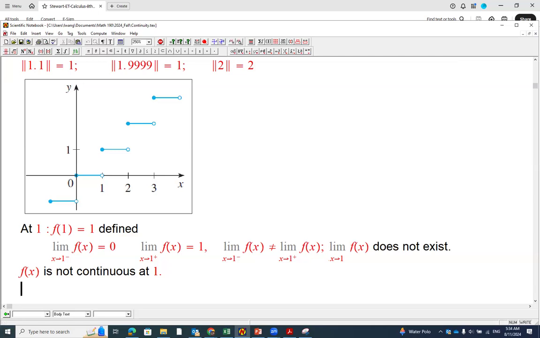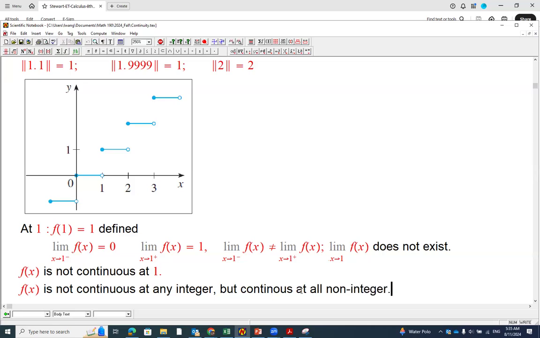So our conclusion is that the function is not continuous at any integer, but continuous at all non-integers, or continuous everywhere else.